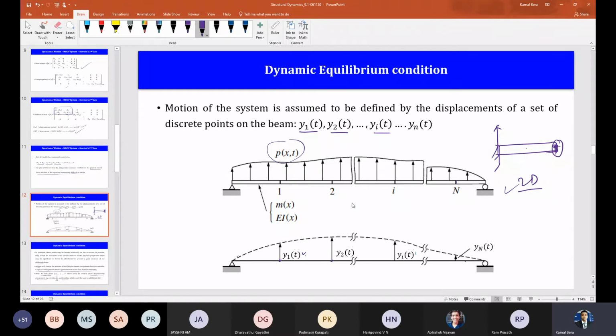Yes, anybody please? What are the displacement components?